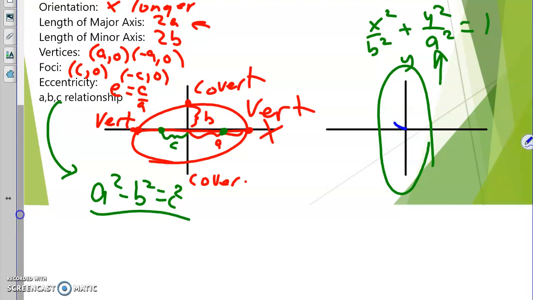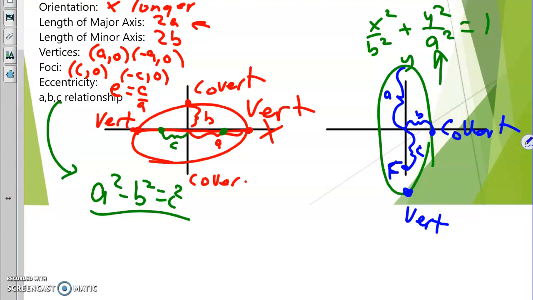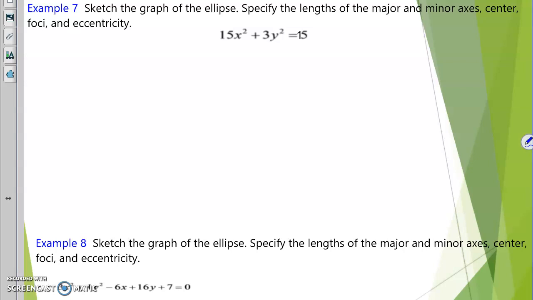So this distance would be A, this distance would be B, and to our foci, we would call that distance C. These would be your vertices, this would be your co-vertices. All right, let's take a look at a couple examples of how this is going to go down.